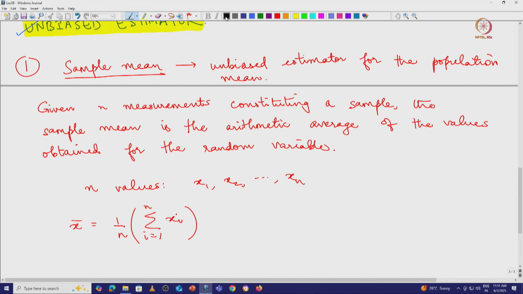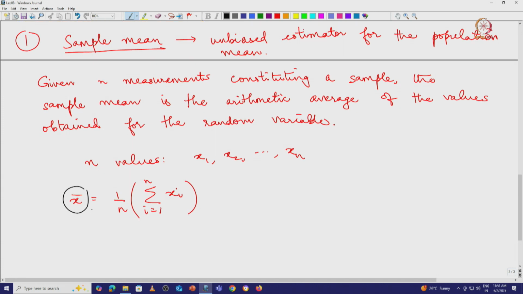So, now why are we saying that this is an unbiased estimator for the population mean, which is capital X bar? You know that the population mean, which is also denoted as mu, is the integral from minus infinity to infinity of x f of x dx.